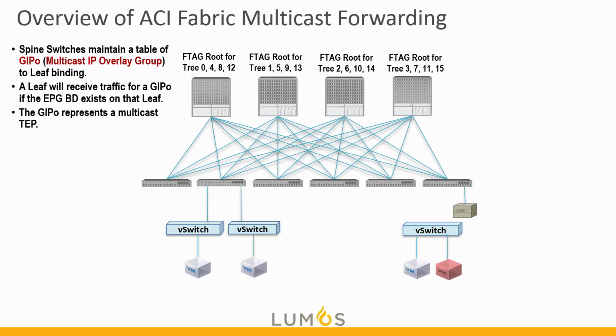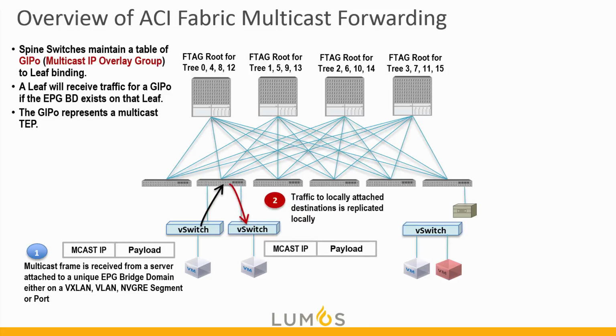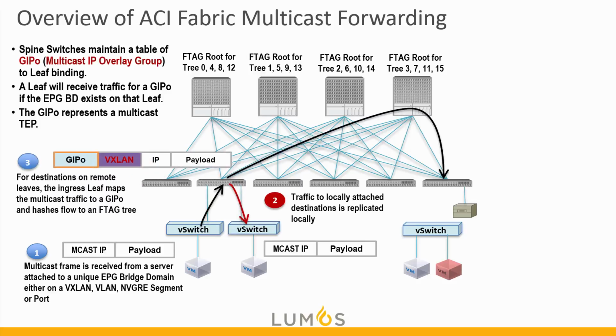Okay? So we will go ahead and encapsulate. Let's say we get a multicast packet in on this vSwitch 1. When it gets to the leaf, if it's destined for another device on the same leaf, it will be switched locally. However, if it were going to another leaf switch, this is where we would get the new overlay group IP, and this would then get mapped to a particular F tag, and it would get sent to one of the spines, specifically the spine.